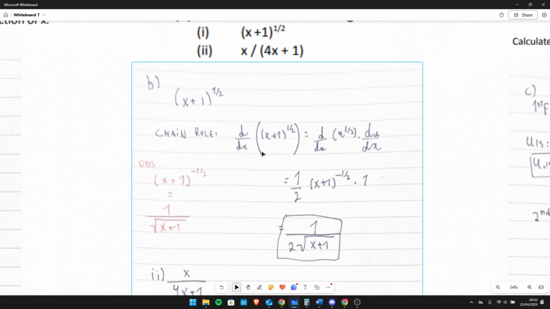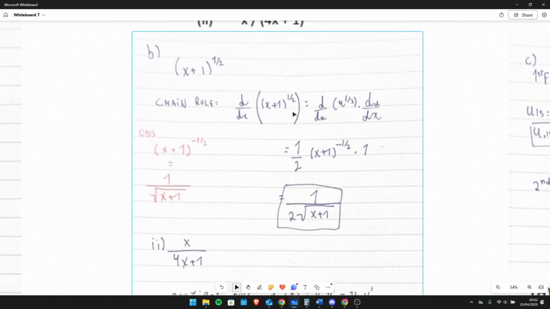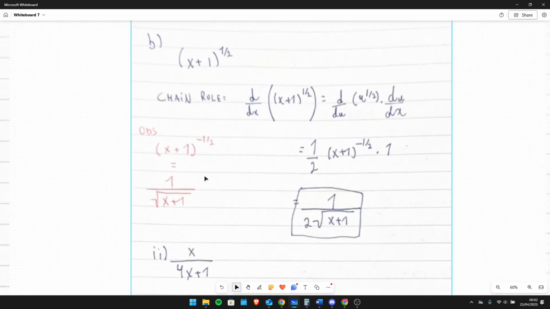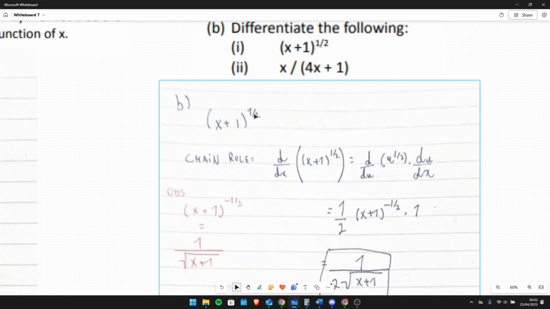For the second exercise of the second question, differentiate. It's kind of confusing for me, but if you use the chain rule on this occasion, you get that (x plus 1) to the power of 1 divided by 2. If you see here, to get a derivative, you need to take this number and multiply by everything, and then you take 1 out of here.